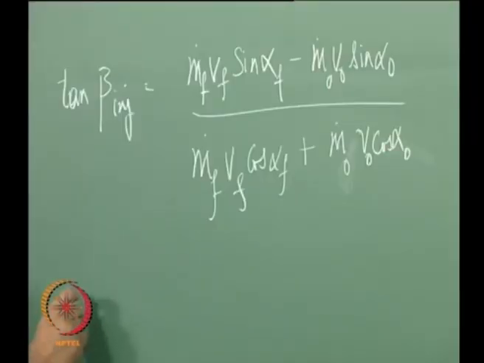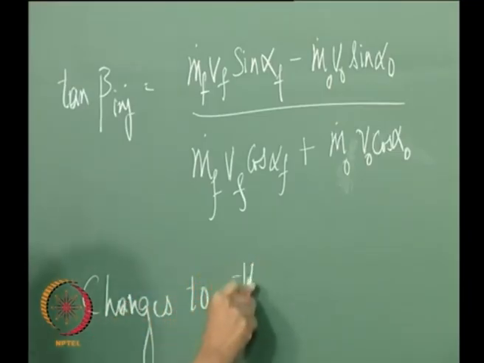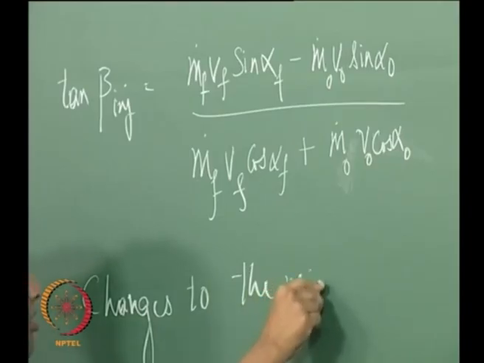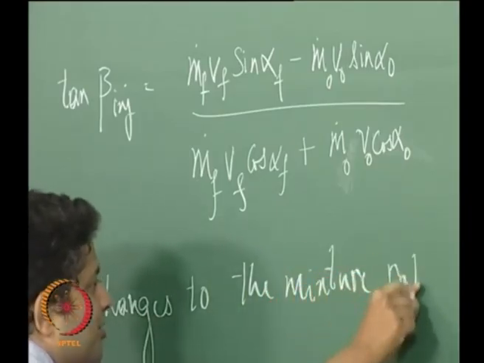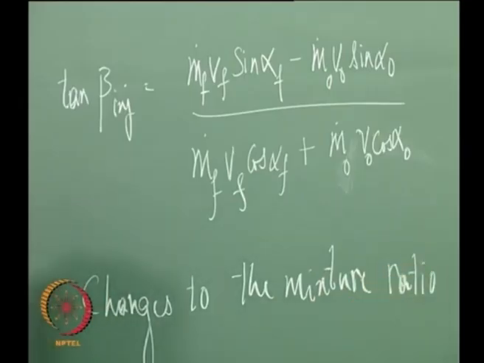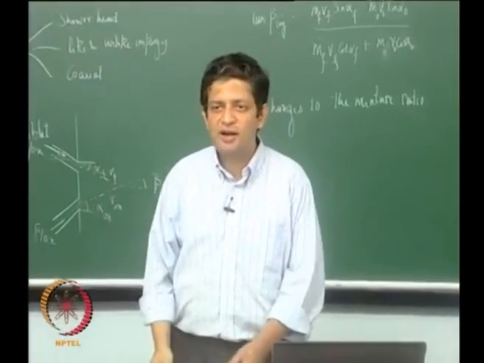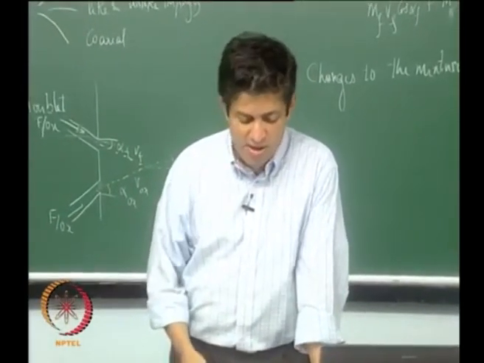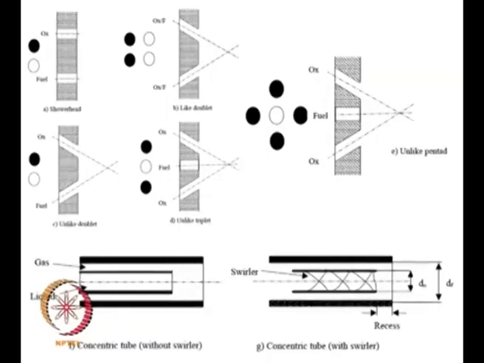It will also result in changes to the mixture ratio. Locally the mixture ratio might also get affected. We do not want that, and therefore use of an unlike triplet as shown here is more recommended.